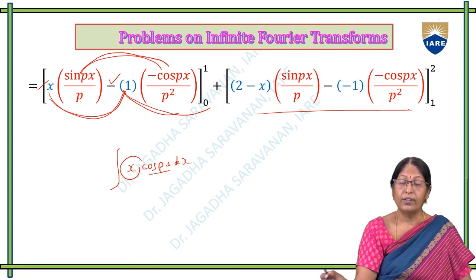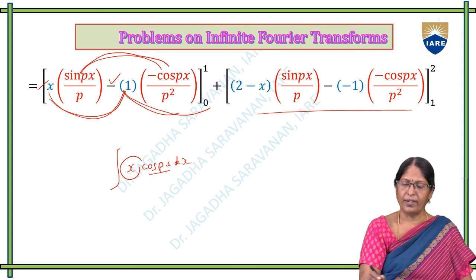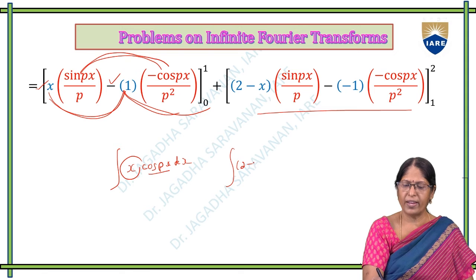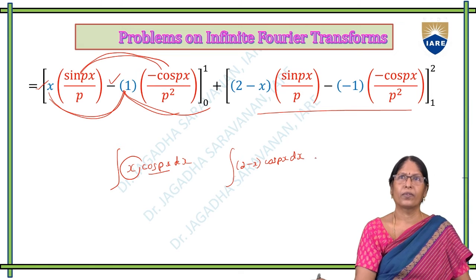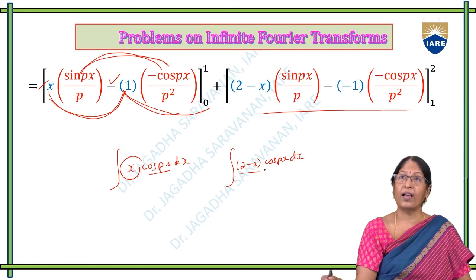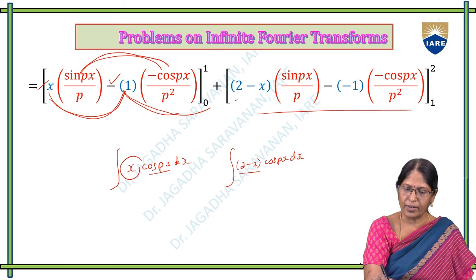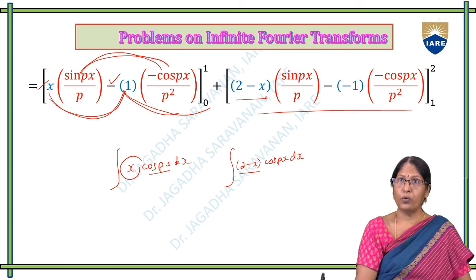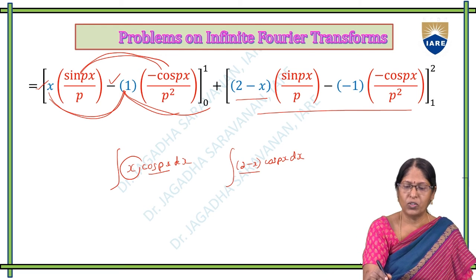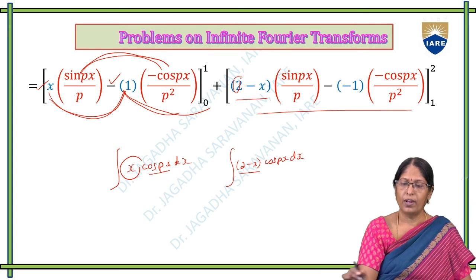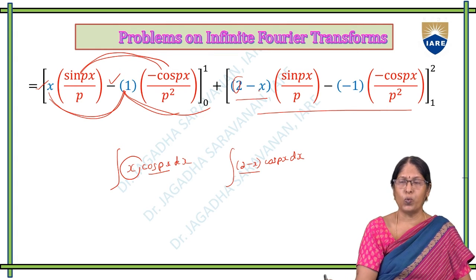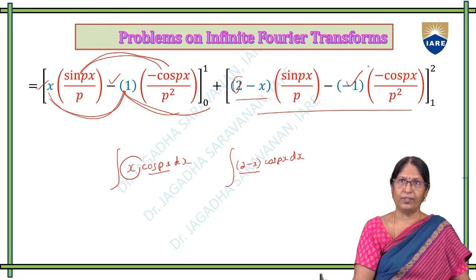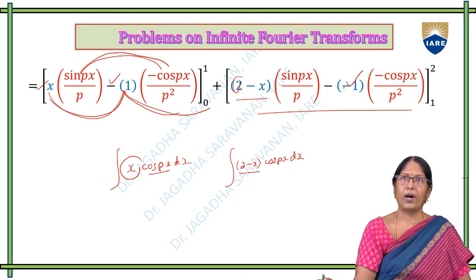This is our second integral, that is integral 2 minus x cos px dx. So the 2 minus x is algebraic, so it is written here. The algebraic one we do differentiation. So the differentiation of 2 is 0, of minus x is minus 1. So here minus 1 is there. The differentiation part we completed.